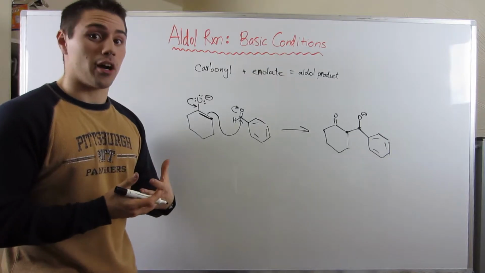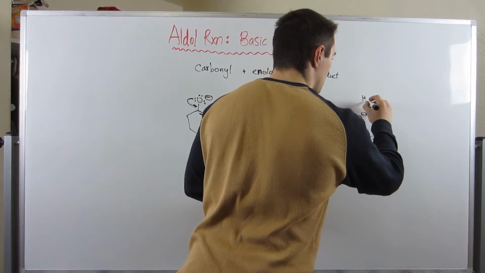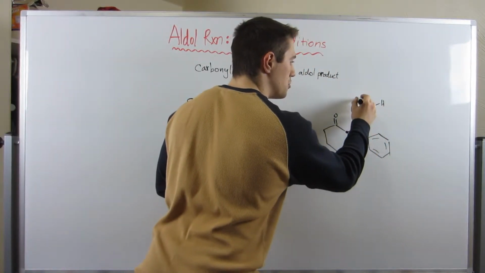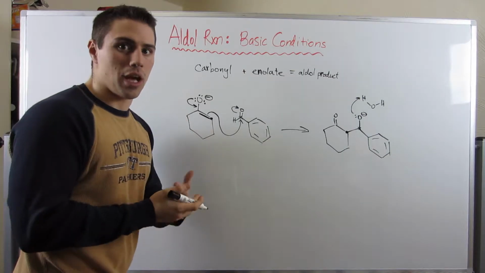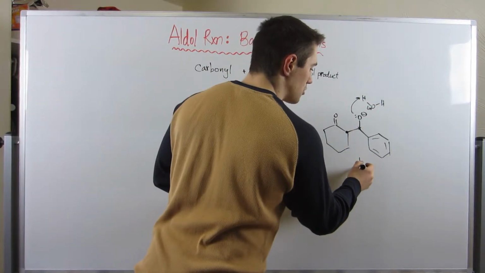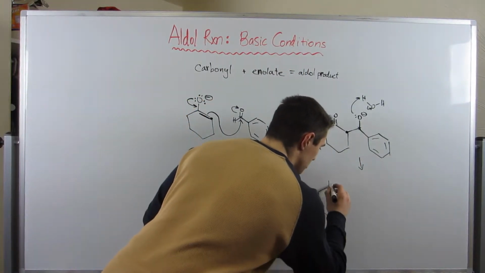And since we're in a basic environment, that would just come from something like water, okay? Because we don't have any hydronium around. So if I just drew water, you can always just assume this is going to happen. I'm just showing it to you guys to be completely transparent, right? So if I drew my arrow down, here's the final product of an aldol reaction.